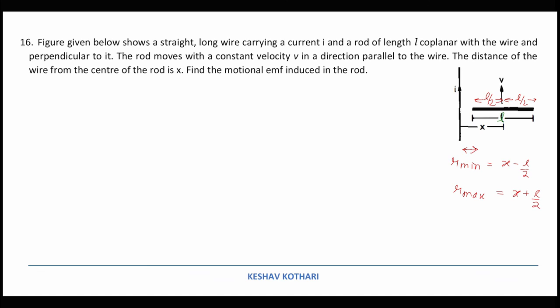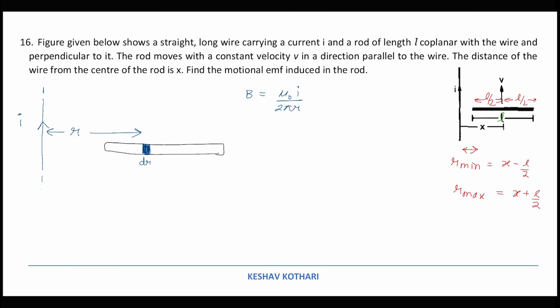So at a distance R from the current carrying wire, which is infinitely large, this rod is placed like this, and we are selecting a small patch of thickness dr. So at any distance r, the value of magnetic field is going to be mu naught I upon 2 pi r.